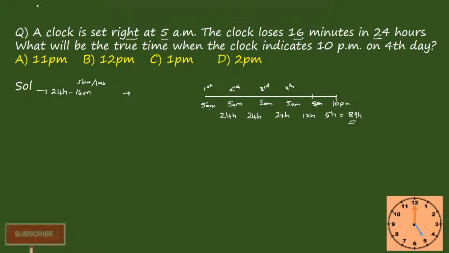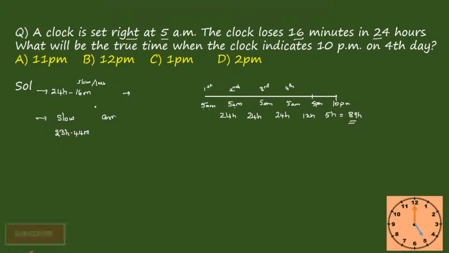Now what we do is we list down which is slow and which is correct. For the slow one, for every 24 hours it moves 16 minutes back, so it is nothing but 23 hours 44 minutes.